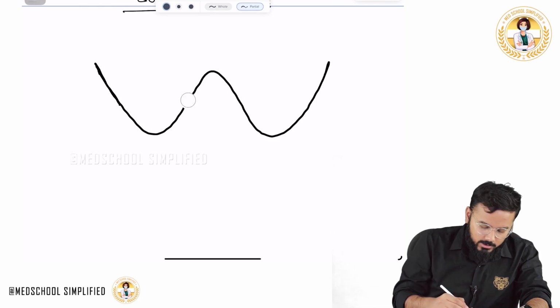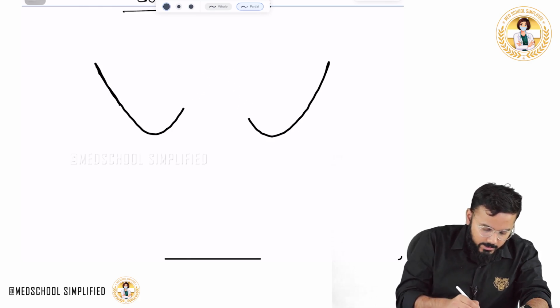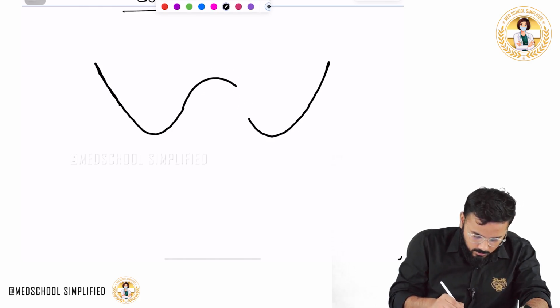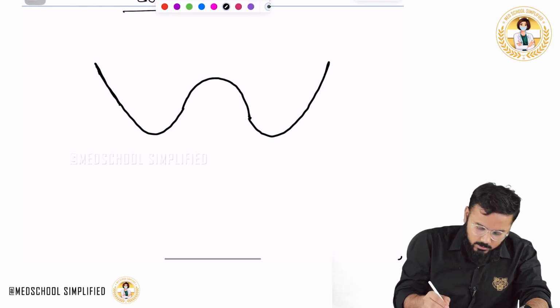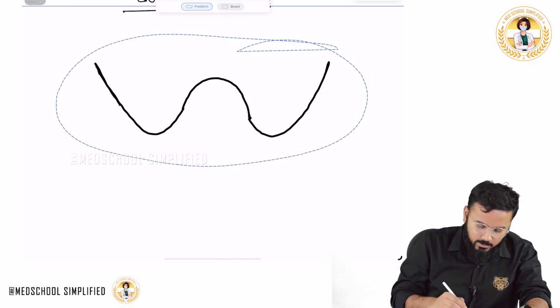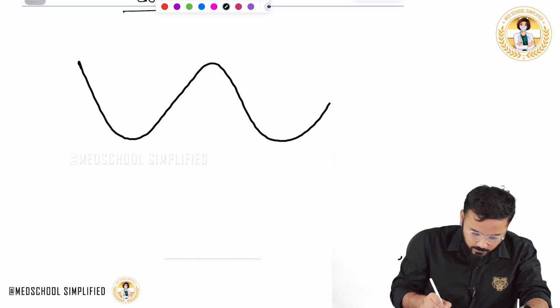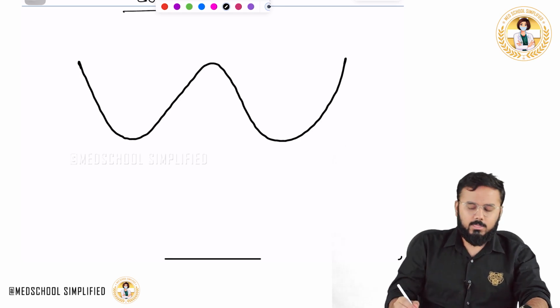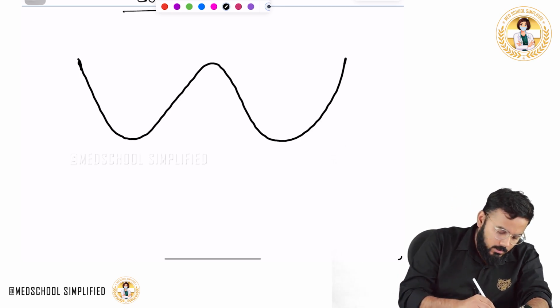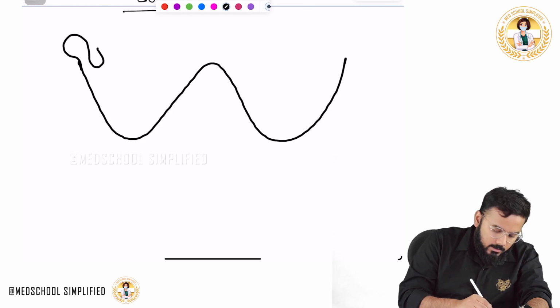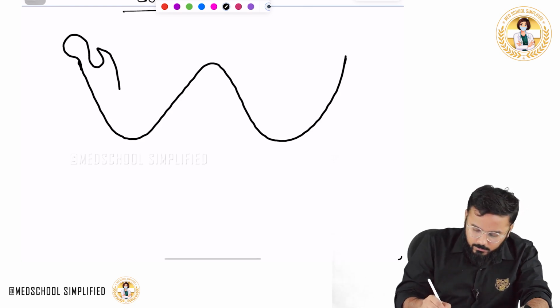Now let me draw this part of the mandible a little bit wider here, like this. Let me completely change the mandible. Right, so in this inferior surface of the mandible, you know that this is the head, this is the process over here.